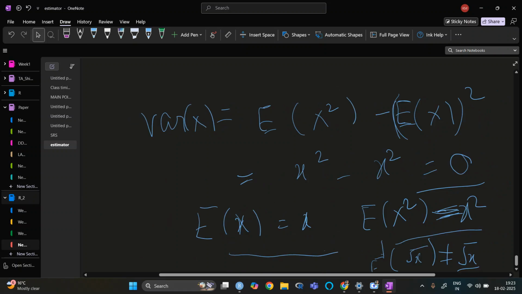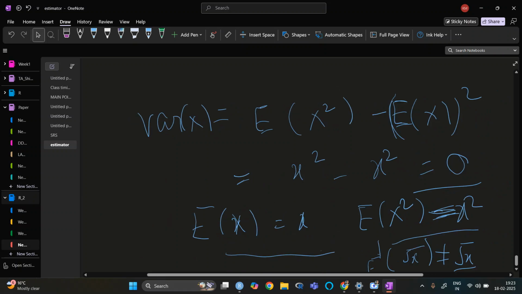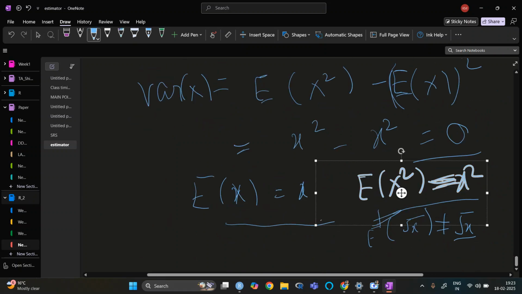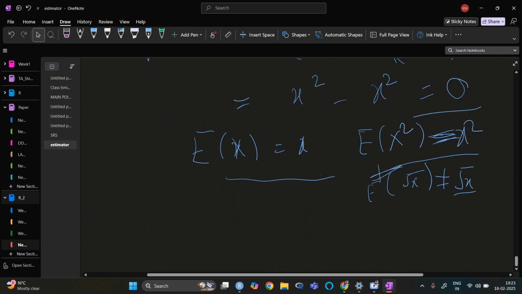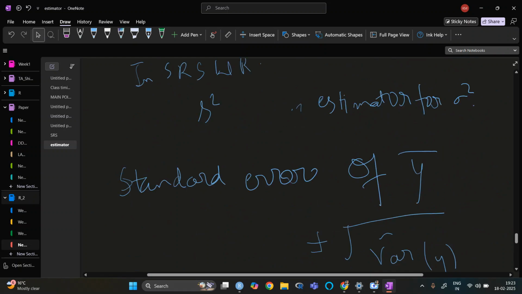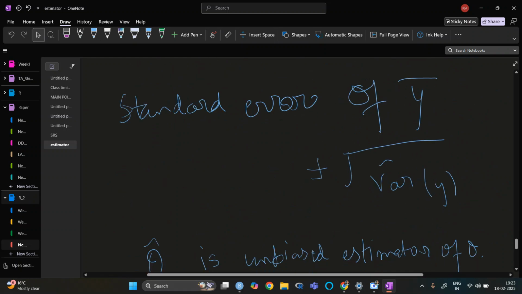So what I am trying to say from here is that the estimator we have, which is plus or minus the square root of variance of y bar, is the standard error, but it is not an unbiased estimator for the real population.